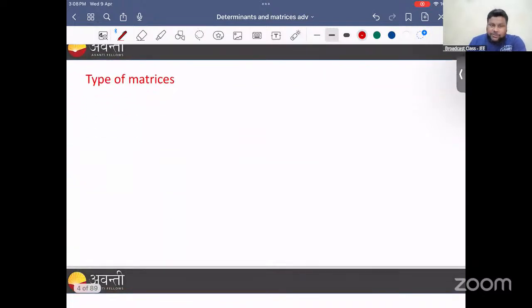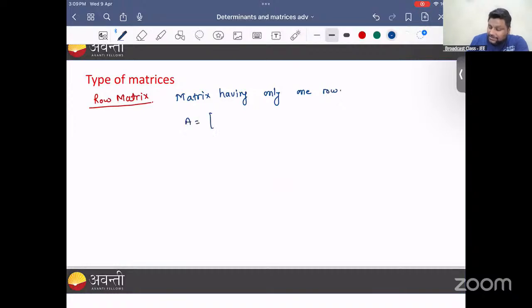Now, let's come to some types of matrices. So first of all, there comes the row matrix. A row matrix is, as the name suggests, a matrix having only one row.